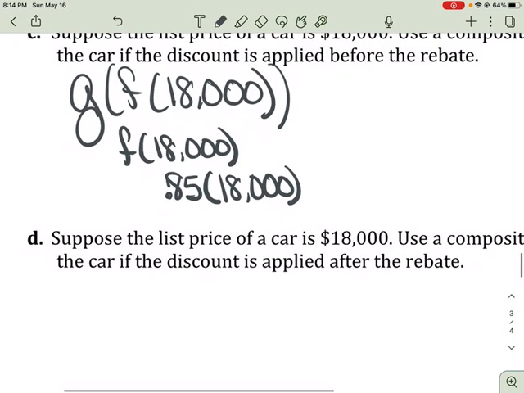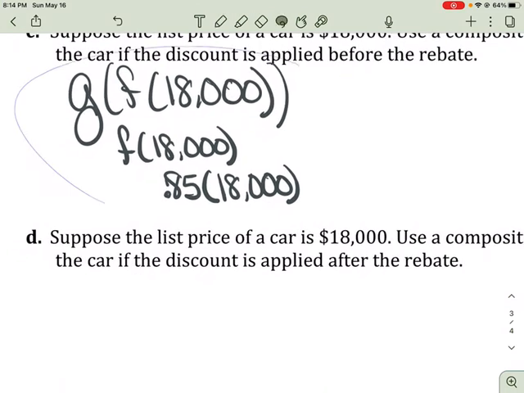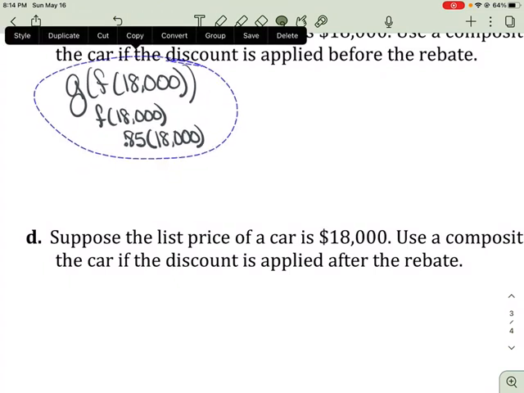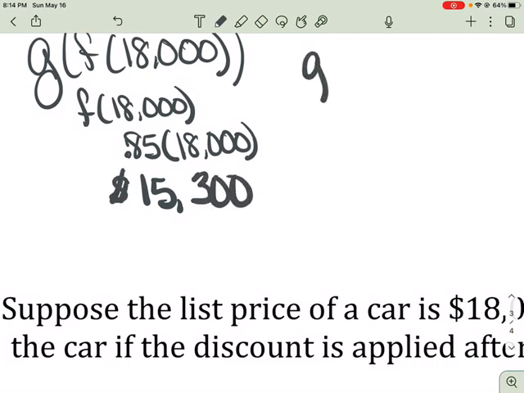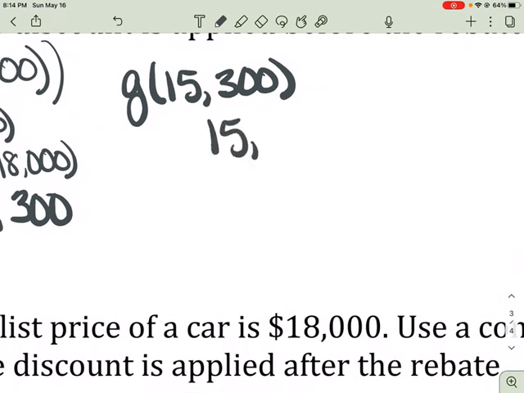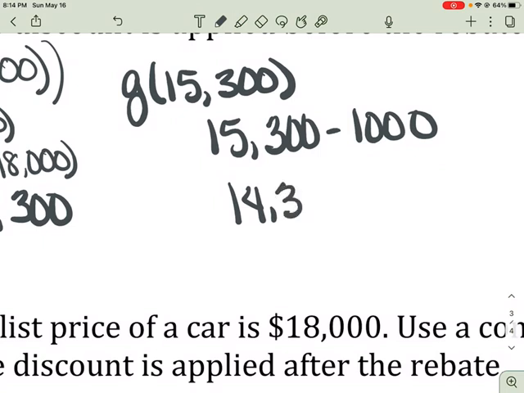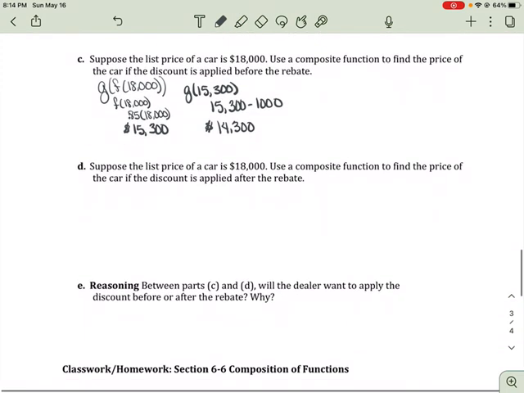My app that I use to record shuts off every time I open it up, so I can't open it up while I'm in mid-record here. So $15,300. Okay, so now we're going to find g of 15,300. So that means we're going to take 15,300 minus 1,000. So $14,300 for the price of the car.